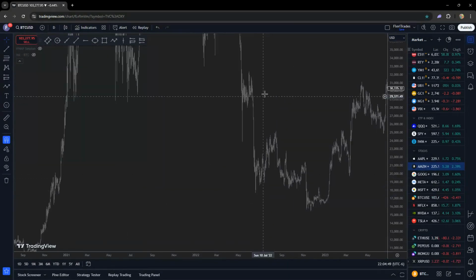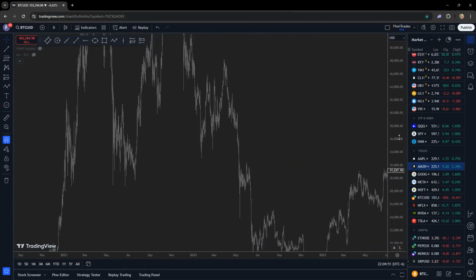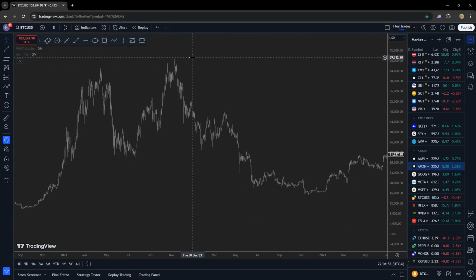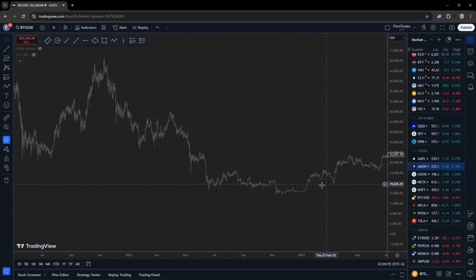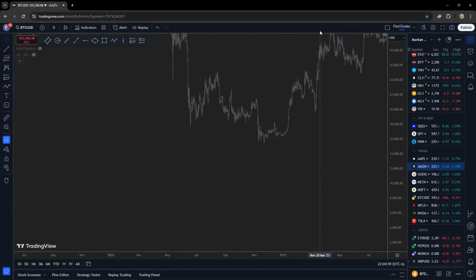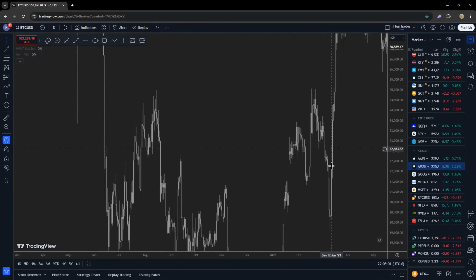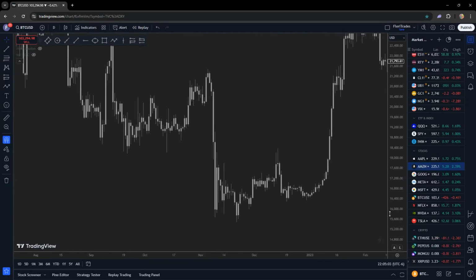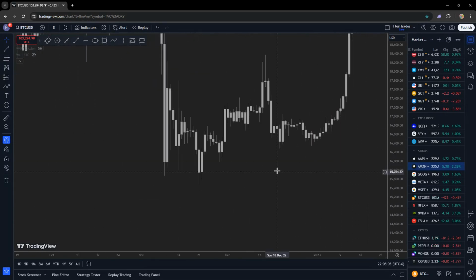So very clearly, the move from 65,000 or whatever the previous high was, 69,000, and then we make a daily low down here at 15,000. So we'll zoom in on that. Okay, so here we are at the daily low.